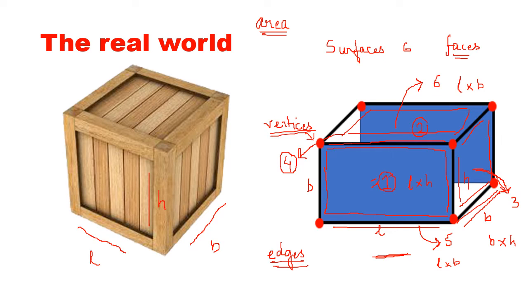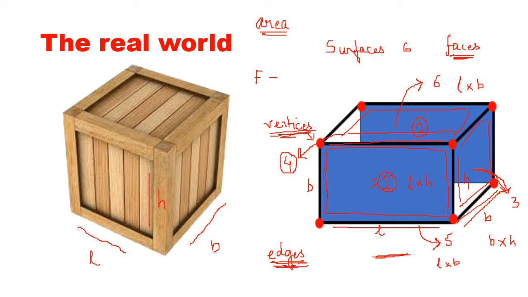So I hope you can recall from the previous chapter, a cuboidal surface has got faces, vertices and edges. Yes, and you must also recall the formula of Euler. What does it say?